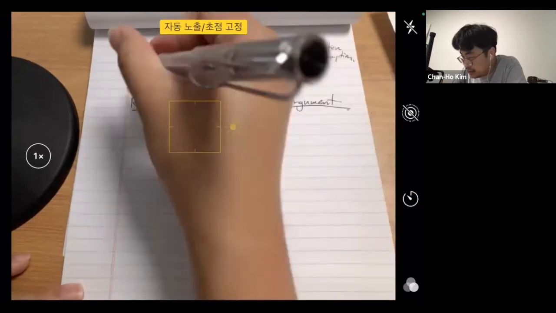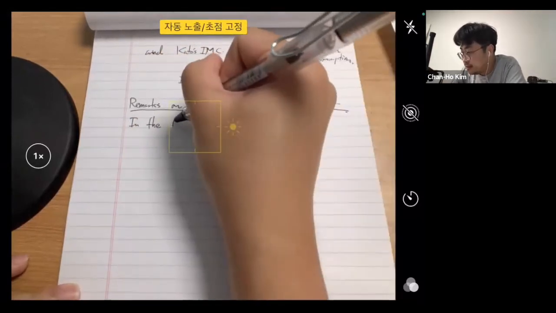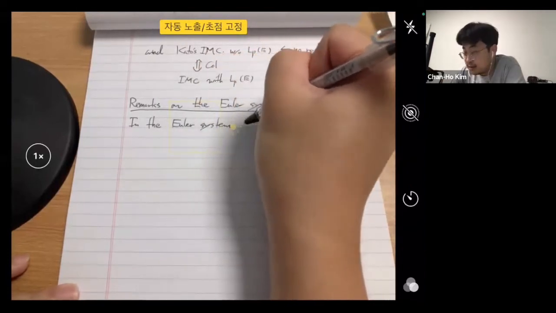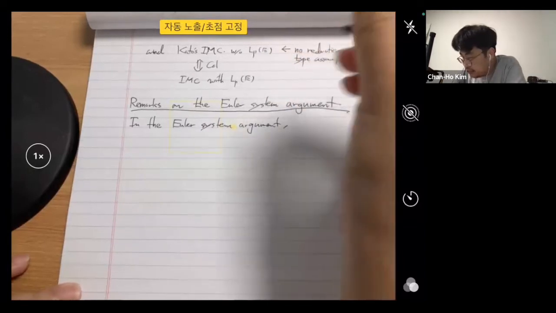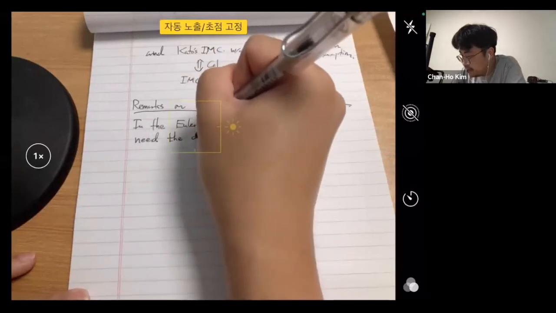In the Euler system argument, we need a derivative process, the Kolyvagin derivative.